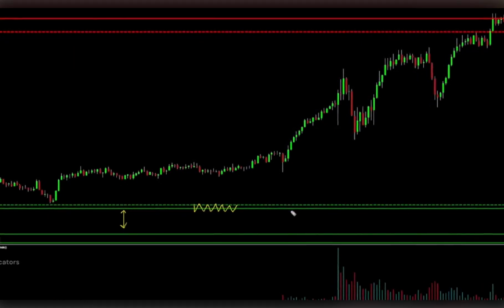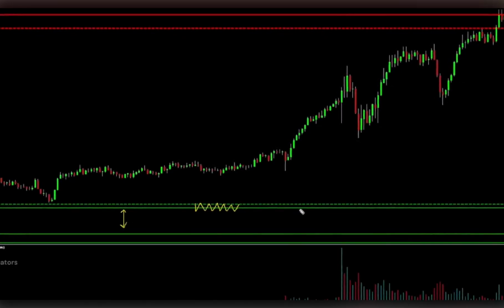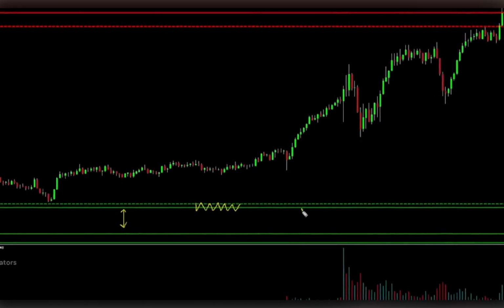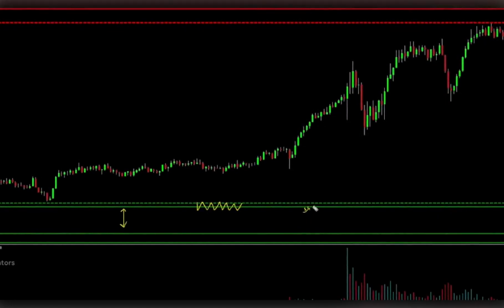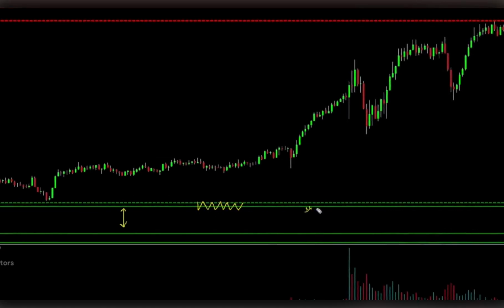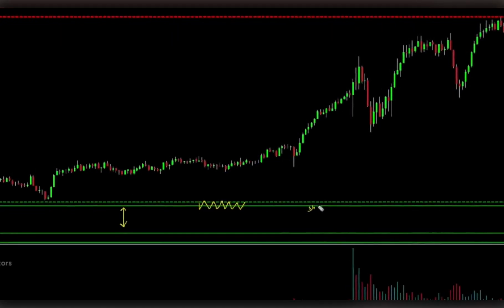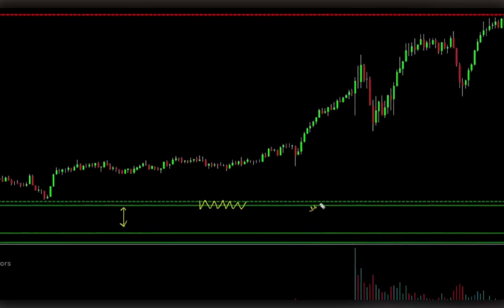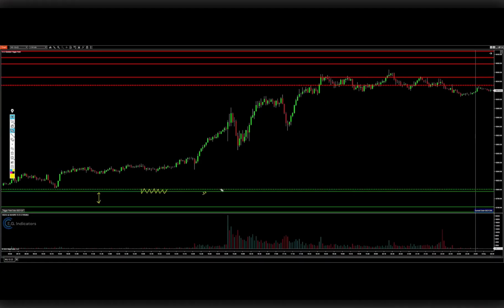Let's just say for example here, that support 1, S1, was some type of price action from 2 weeks ago, where the market saw multiple touches and could not break below.